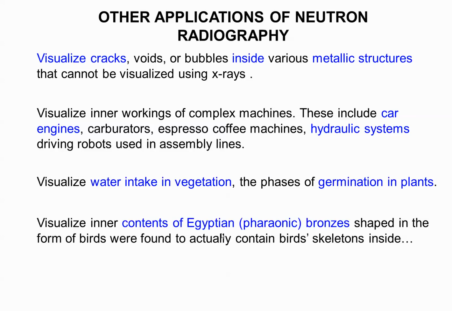Visualize the inner contents of bronzes, like in one instance, an Egyptian pharaonic bronze. Remember that bronze is opaque to X-rays, so neutron radiography is the only way. Turned out it had a bird. It was in the form of a bird, but it had a bird skeleton inside.